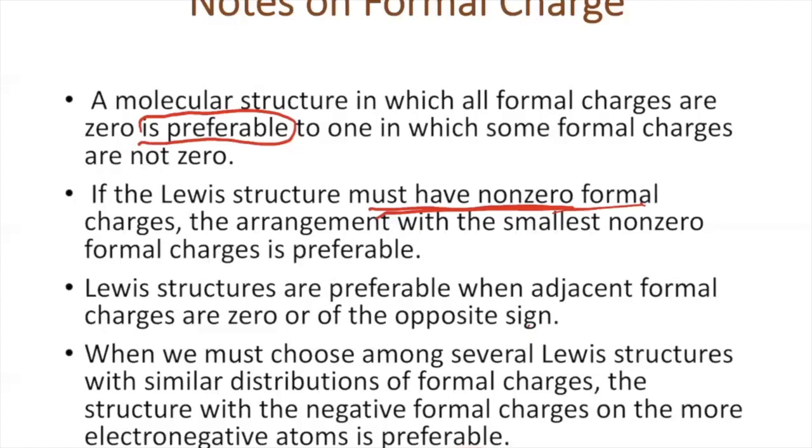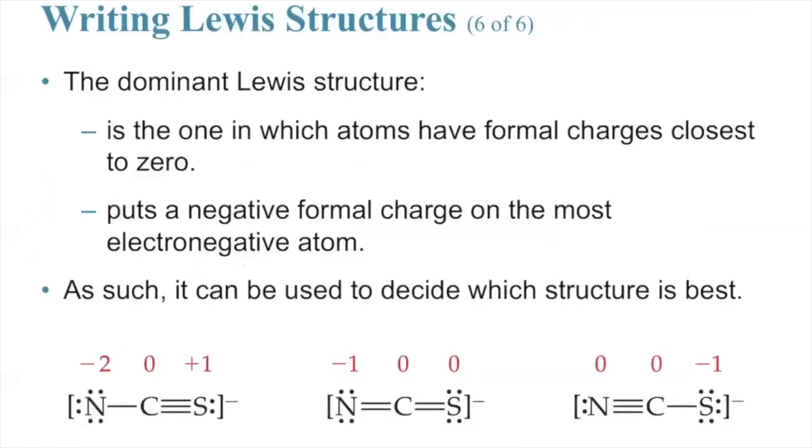So let's give you an example of that. Here we have 3 different compounds. Now, this one automatically we can say that we can remove it, right? Because it has a -2. Now, out of these ones, they both carry a 0, 0, 0, 0, -1. Which one is preferred?